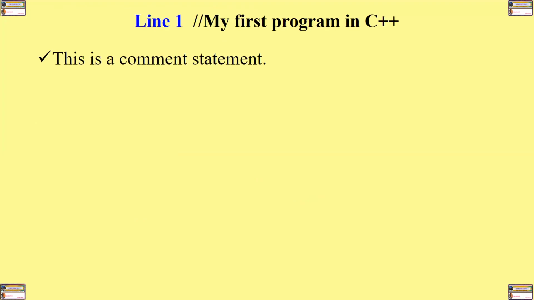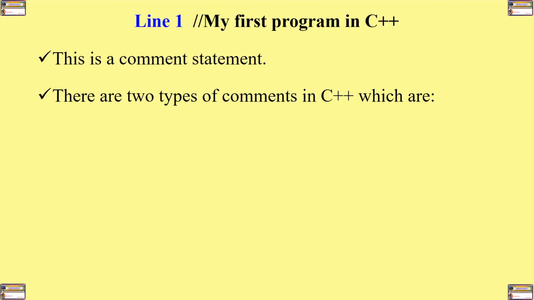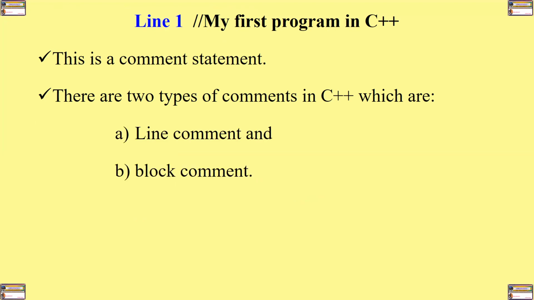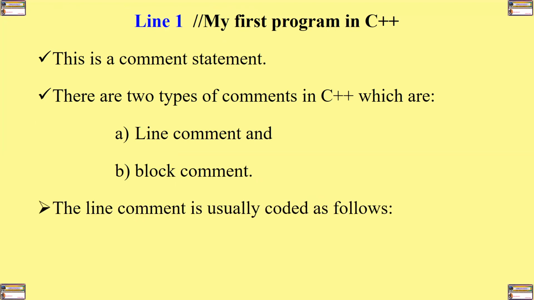This is a comment line. There are two types of comments in C++, which are the line comment and the block comment. The line comment is usually coded as follows: you have a pair of forward slash symbols, then you write your comment.